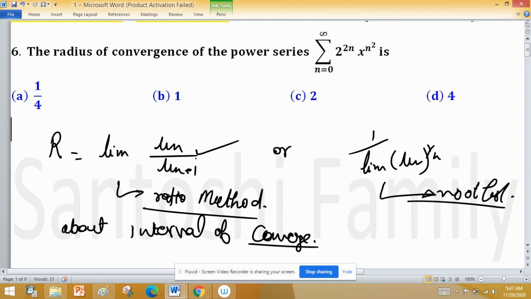When the term comes out as x minus a raised to the power n, then we should take the mod, because we don't know for which values of x this series converges or not. We apply the ratio test only for positive term series. So use mod or absolute bars.